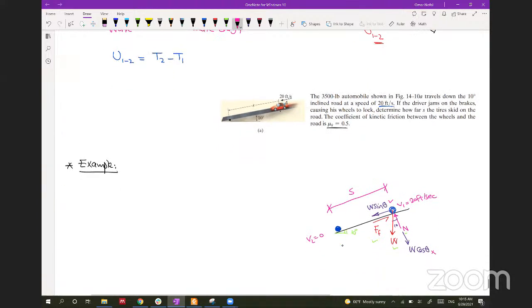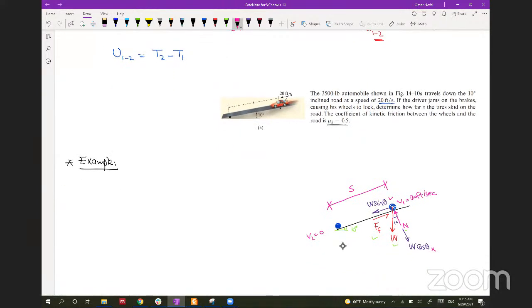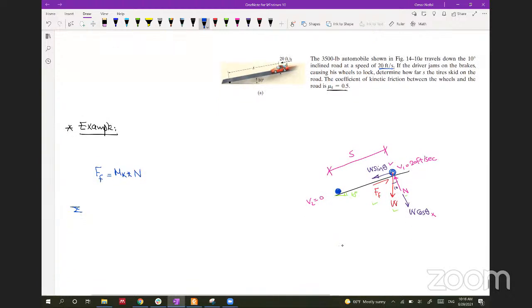To find the friction, because we know that the friction is exerting work, we know that the friction force will be mu multiplied by the normal force. And to know the normal force, we will have to analyze the free body diagram. So we know from Newtonian kinetics that the sum of forces, so let's draw another one here to be more clear.